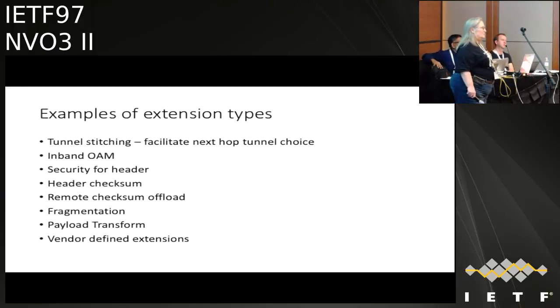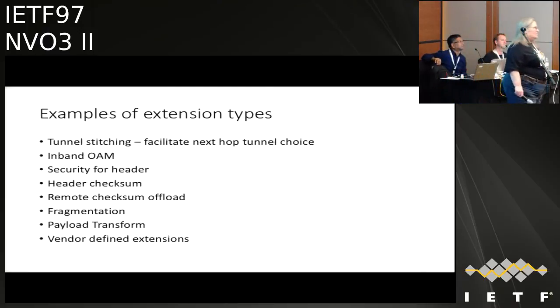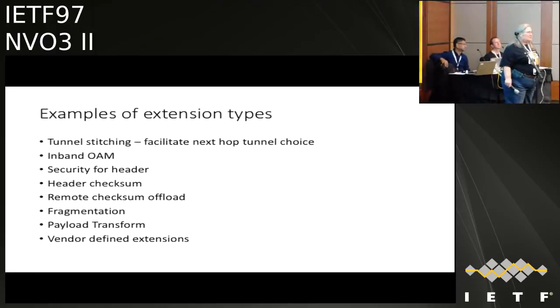Right, but we need to. So, Nabil, I hear your point. The question is, for instance, in the Geneve draft, there's a single flag saying extensions are critical. Who is it critical to understand? Is it critical for the transit to understand? Is it critical for the end systems to understand? Is it critical for the offloading NICs to understand? And that drives what flags make sense to have potentially in the extensions.